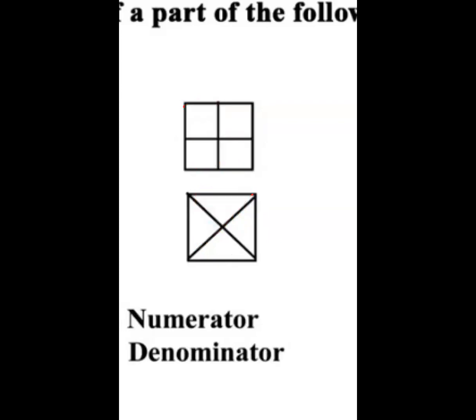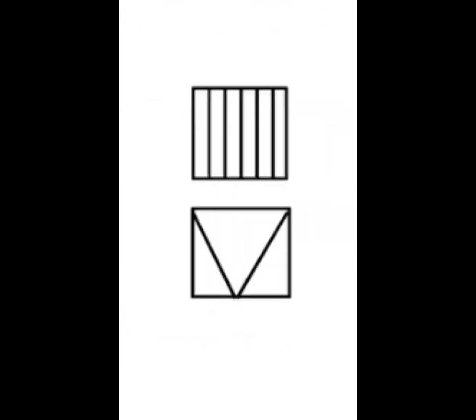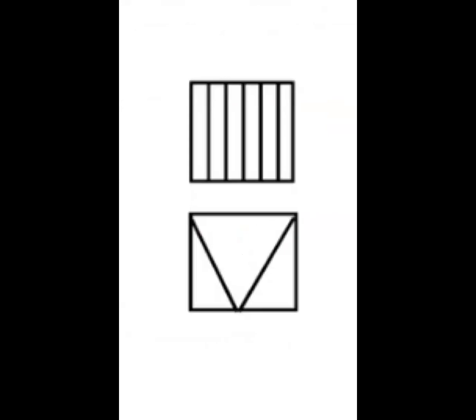Then when I get last, here I have 1, 2, 3, 6 parts. 6 means I have to shade half. No, half means I have to shade three equal parts.